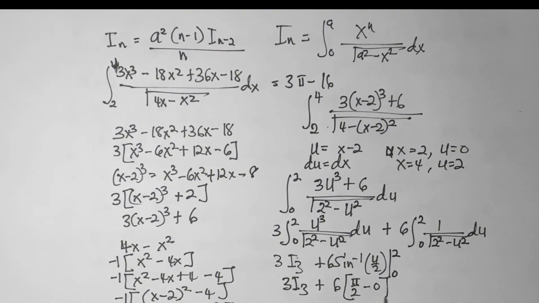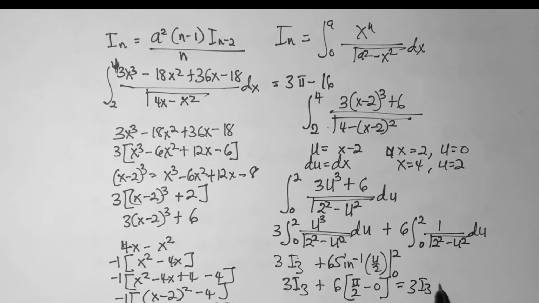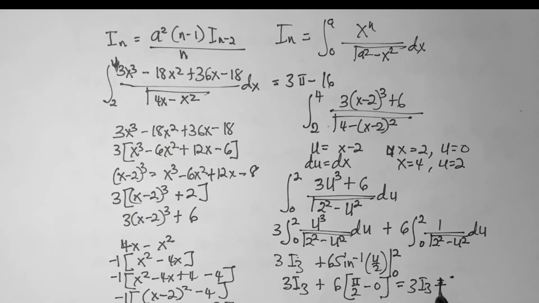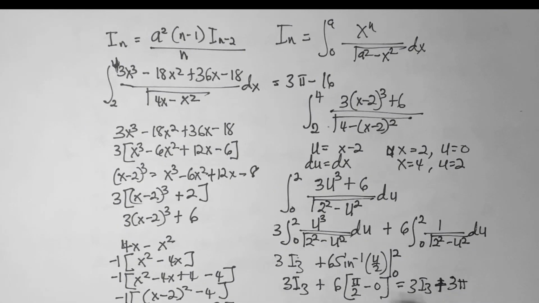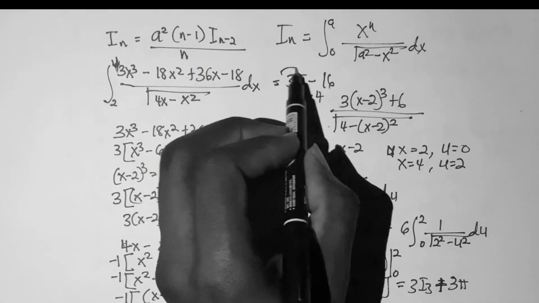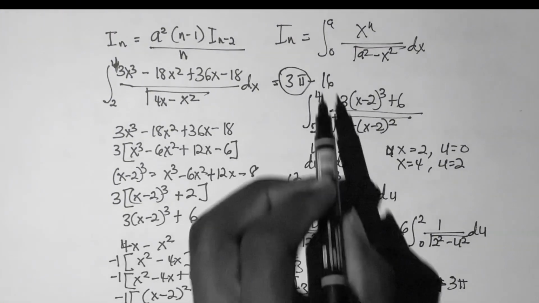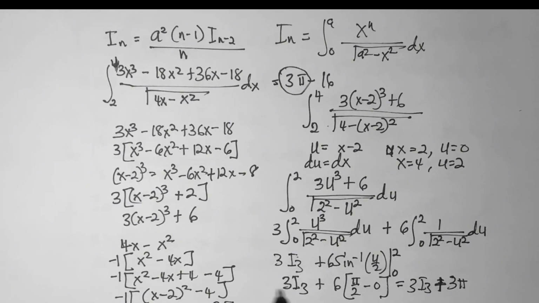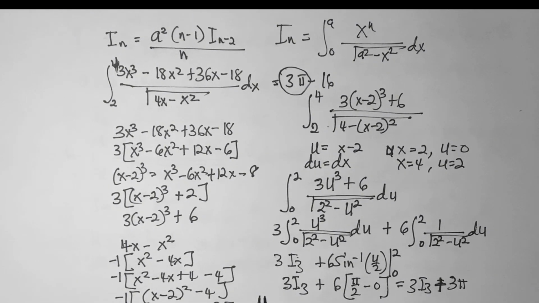So minus 0. And then this is equal to 3 I3 plus 3 pi. So you've seen that we've gotten one side of the proof. It's left with the minus 16, and that one will come from the evaluation of I3.